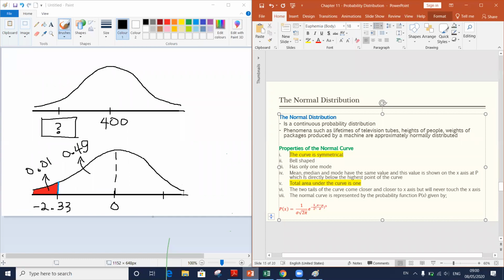The mean, median and mode are equal and have the same value, and this value is directly below the highest point of the curve. Those things we knew, so we have to make use of them when solving the sums.